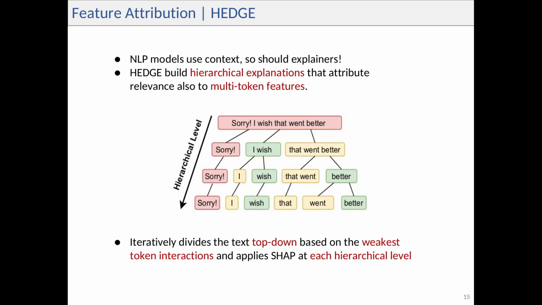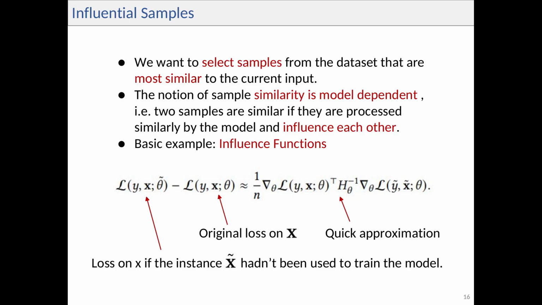This, of course, doesn't really apply to very long inputs, because otherwise the explanation would be massive. But for sentiment analysis, where sentences are usually not that long, it works very well. Okay, so that concludes the chapter on feature attribution.